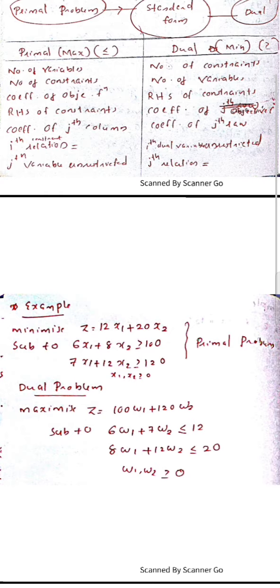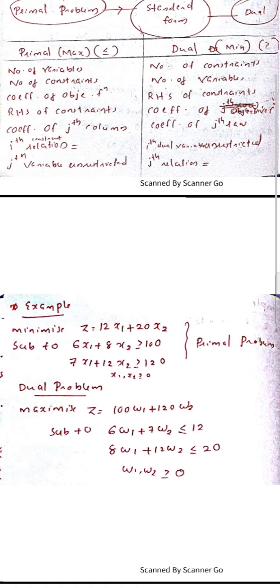Minimize z equal to 12x1 plus 20x2 subject to the constraints 6x1 plus 8x2 greater than or equal to 100 and 7x1 plus 12x2 greater than or equal to 120, x1 comma x2 greater than or equal to 0. So first I am going to write its dual form.